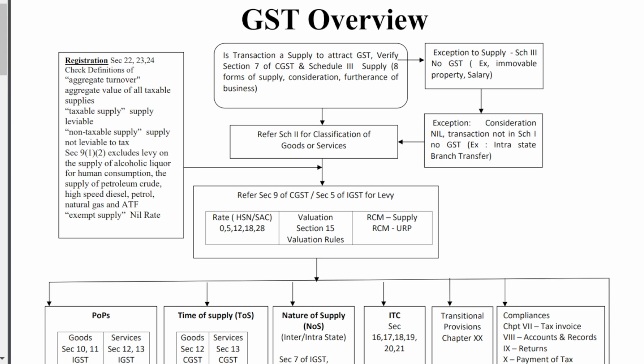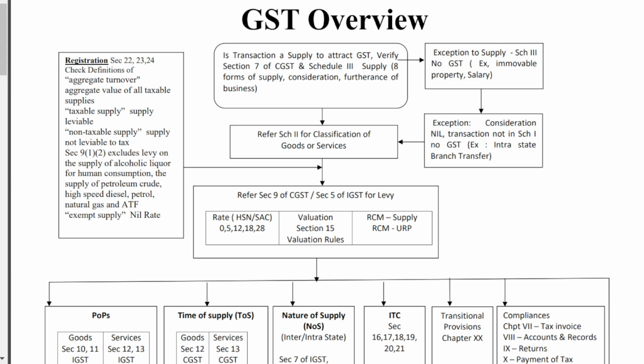If it comes under the scope of supply and if it's not covered under Schedule 3, then only GST is going to be applicable. If it's under Schedule 3, then it's an exempted supply and no GST is applicable. For example, immovable property, salary, and so on.